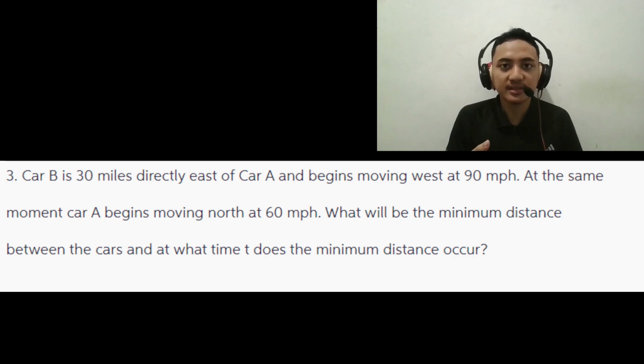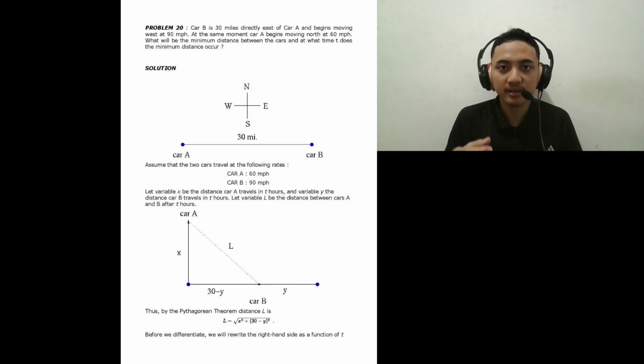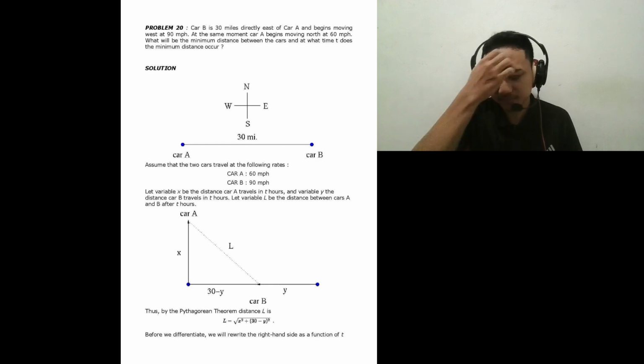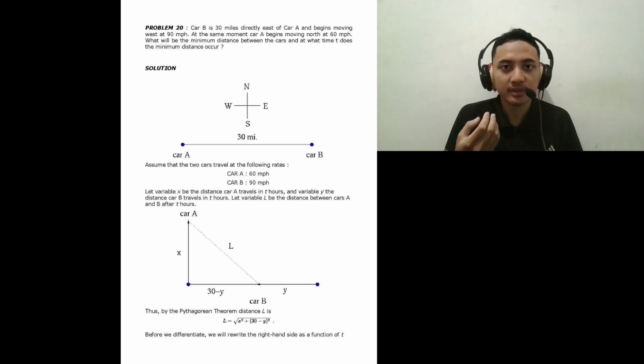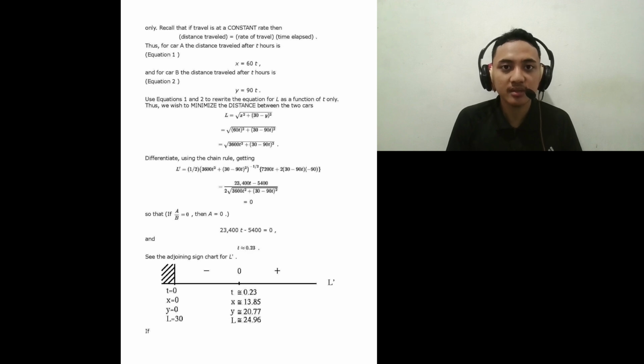Let x be the distance car A travels north and y the distance car B travels west. And so we get a function L(t) equals the square root of (60t) squared plus (30 minus 90t) squared. And then we plot the distance function over time to identify the minimum point.